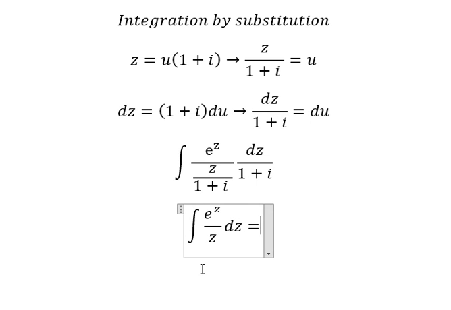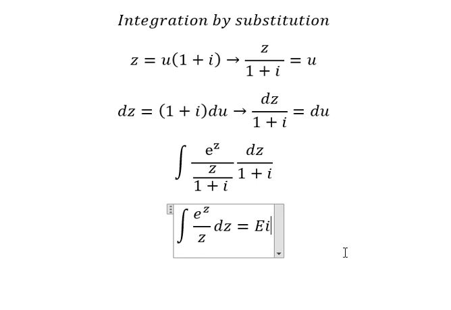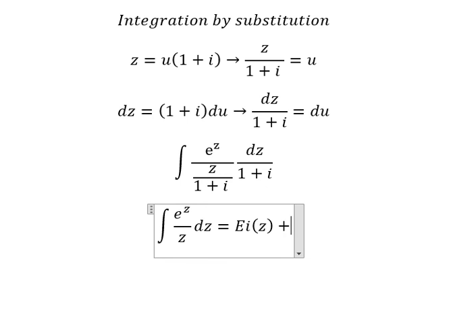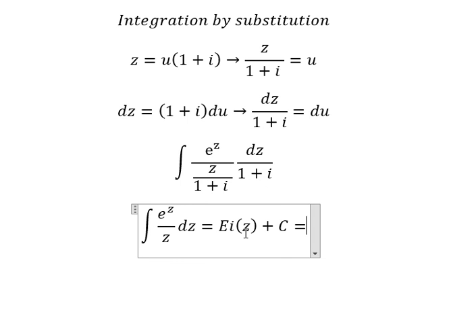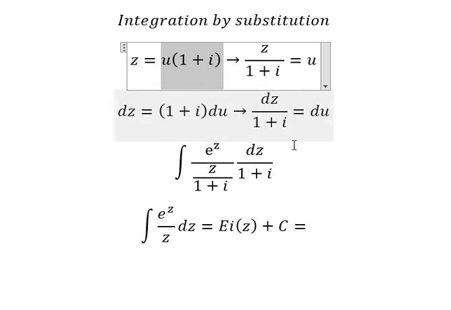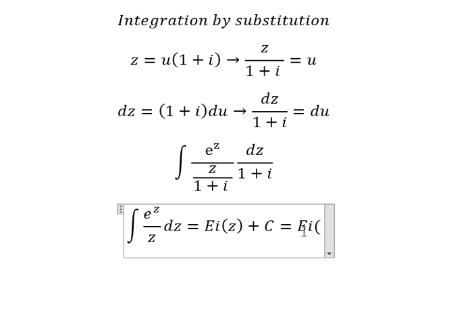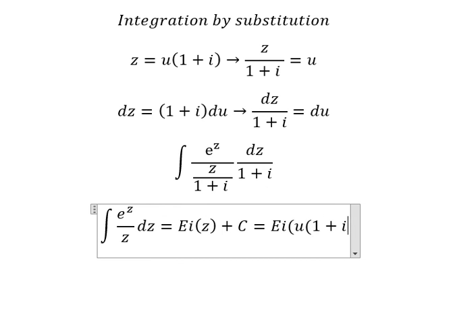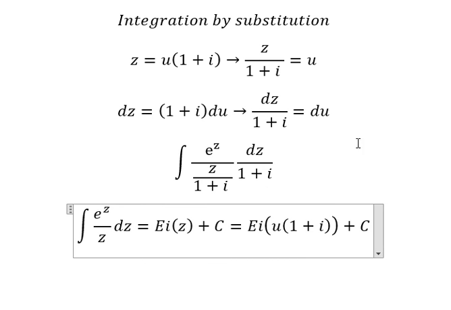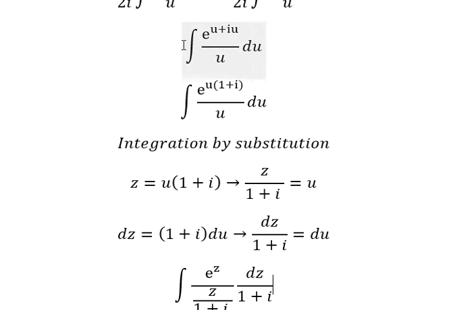The integration of this one, we have the exponential integral of z, and we put C. z is about this one. Now you can do similar for the negative.